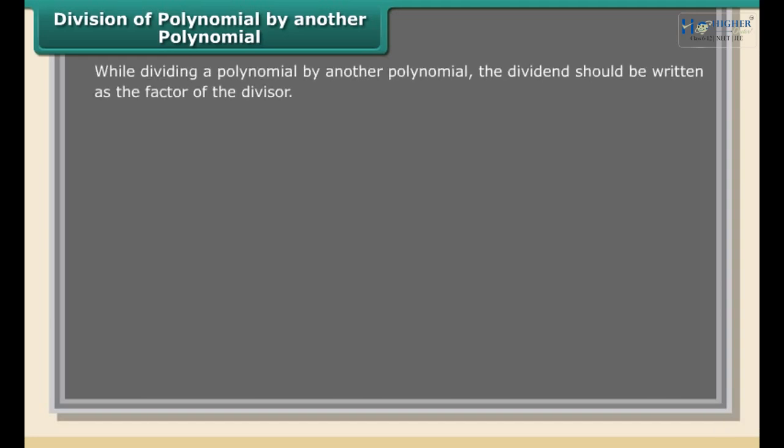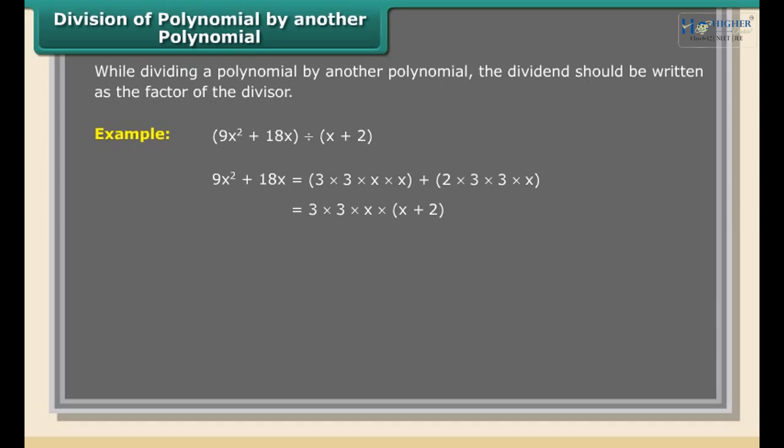Division of a polynomial by another polynomial. While dividing a polynomial by another polynomial, the dividend should be written as a product of factors, including the divisor. Example: 9x squared plus 18x divided by x plus 2. 9x squared plus 18x is equal to 3 into 3 into x plus 2 into 3 into 3 into x, which is equal to 3 into 3 into x into (x plus 2), which is equal to 9x into (x plus 2).